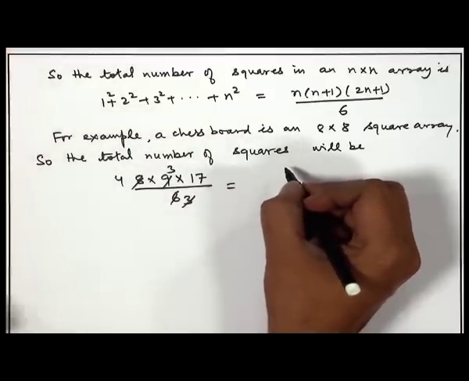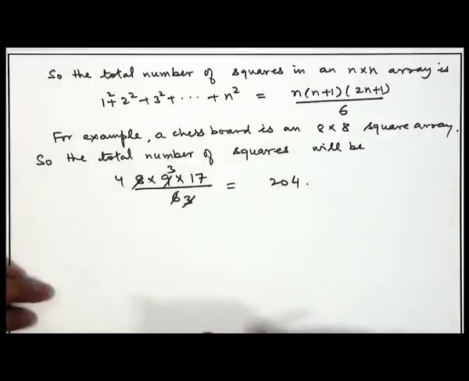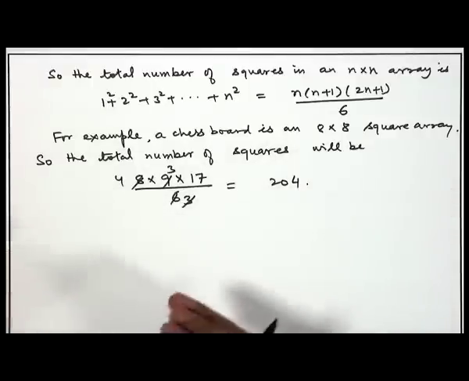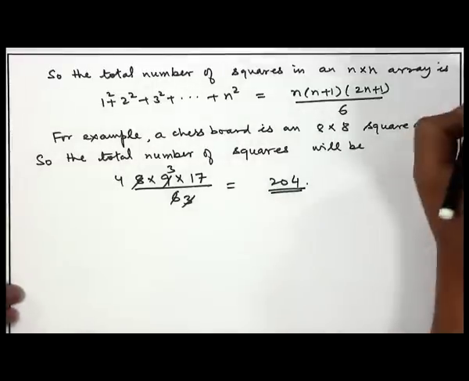So, that is equal to 204. So, in a chess board, the total number of squares, if you count, is equal to 204.